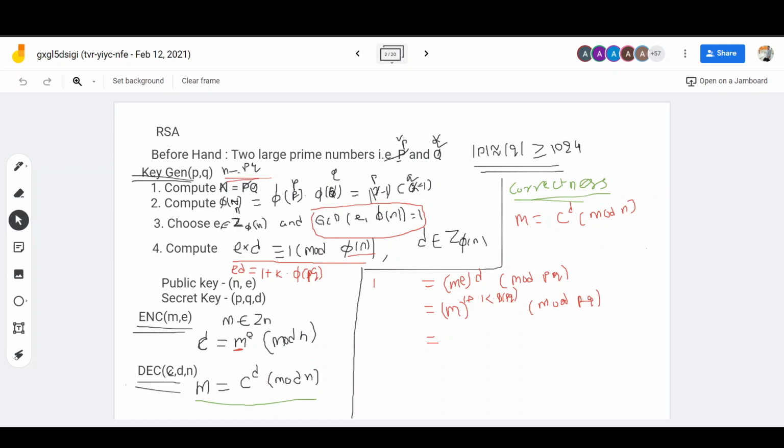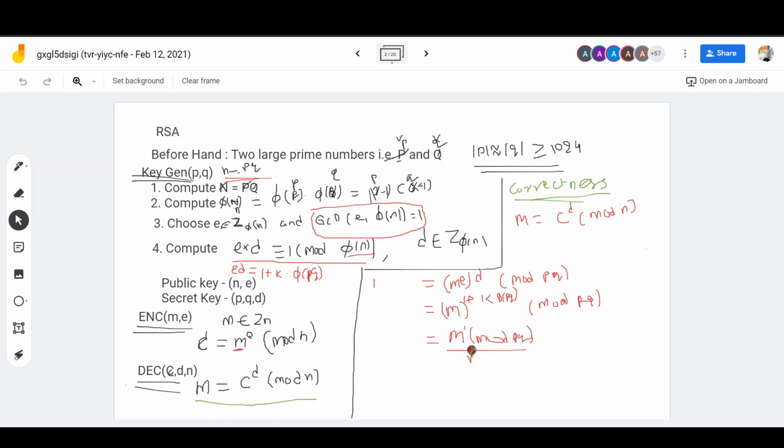Now I am splitting this into two, a simple mathematical equation. This is m to the power 1 of mod pq. There is no issue for this one. We can write m to the power 1 of mod pq, which is equal to m only.